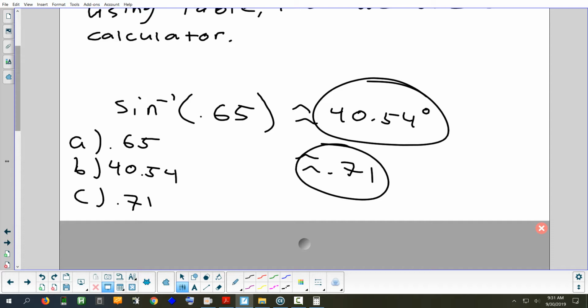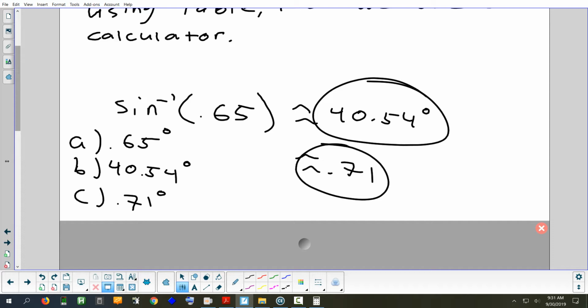Would be the one in degrees. There are no choices in degrees here. It would be C. Yes. 0.71. Okay. Now, which answer is correct? B. Okay.